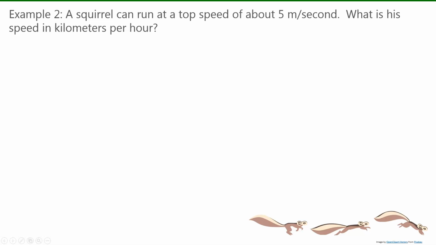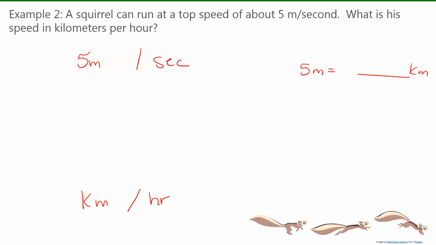Example 2. A squirrel can run at a top speed of about 5 meters per second. What is his speed in kilometers per hour? So I have a rate of 5 meters per second. And I want to change that into kilometers per hour. So the first thing I need to do is to figure out what 5 meters is in terms of kilometers. So using the mnemonic device displayed on the last slide, King Henry died by drinking chocolate milk.